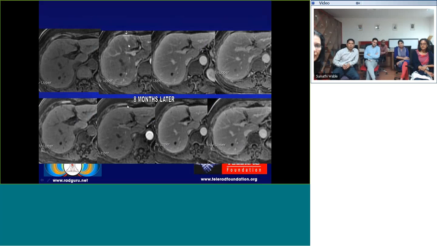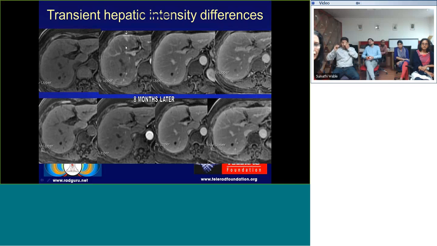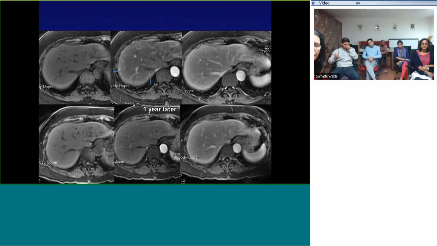If they're typically wedge-shaped and peripheral, they usually don't cause much problem. And this is the same patient 8 months later, they come and go. So again, the thing to see is what is happening around the vessels, and if any of the normal architecture is distorted, which it is not.